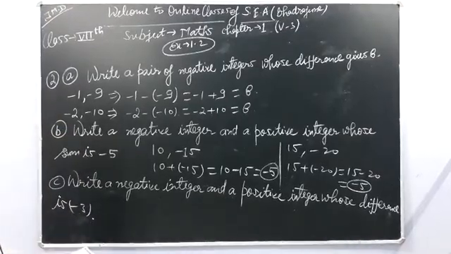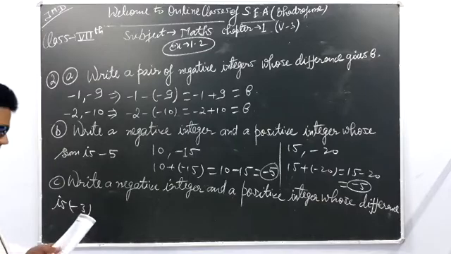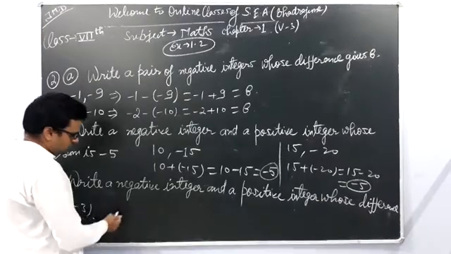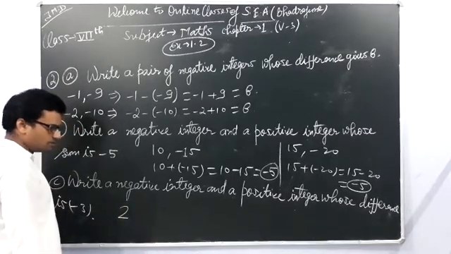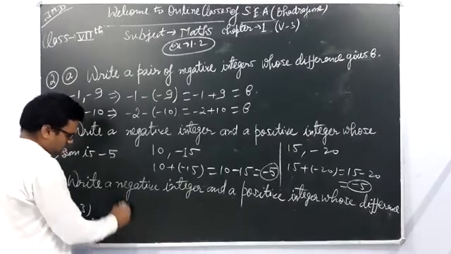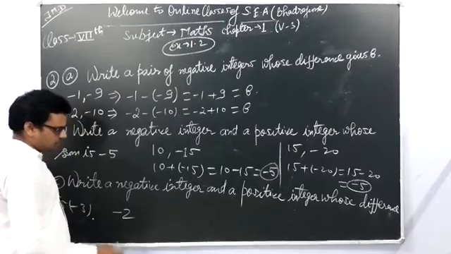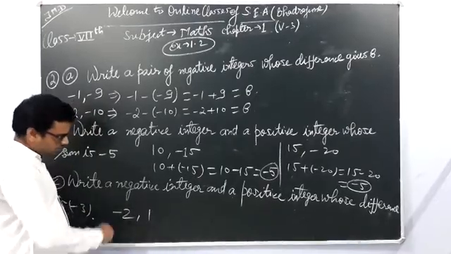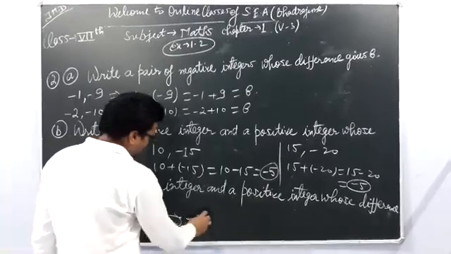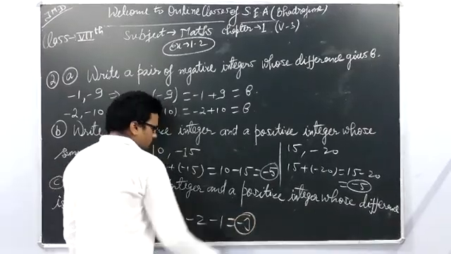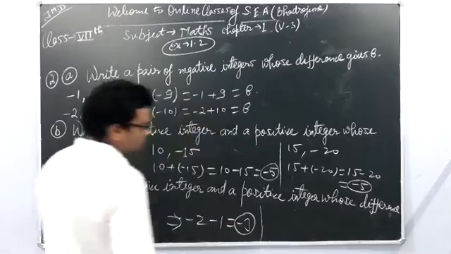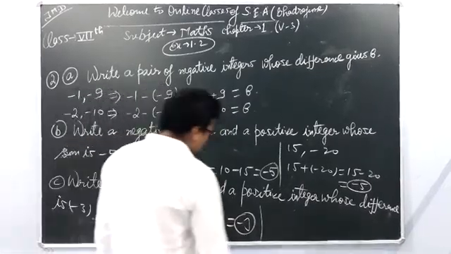So a negative one and a positive one. This is our negative integer and this is our positive integer, and if we subtract them, we get minus 2 minus 1, which is minus 3. And we can take many values like this.